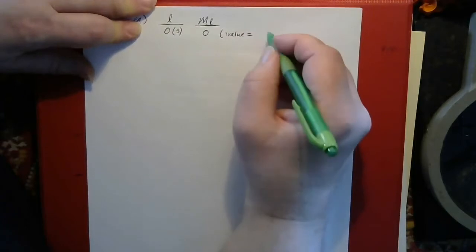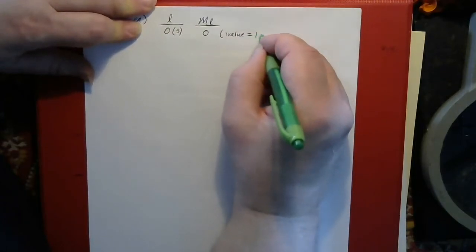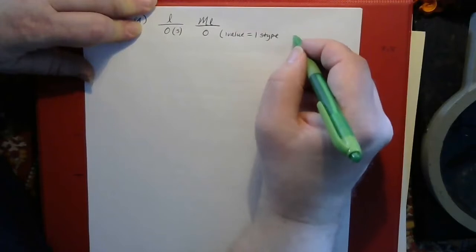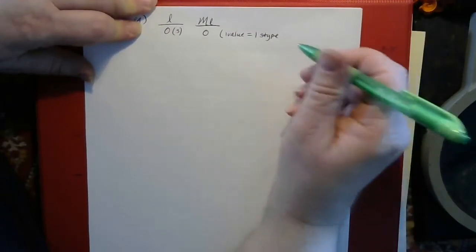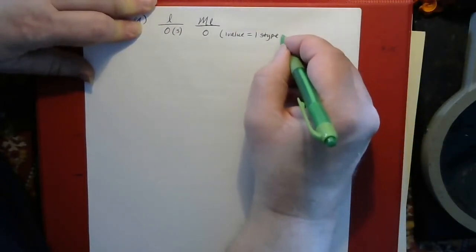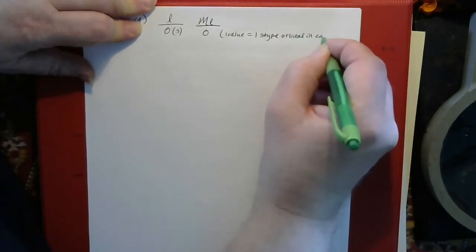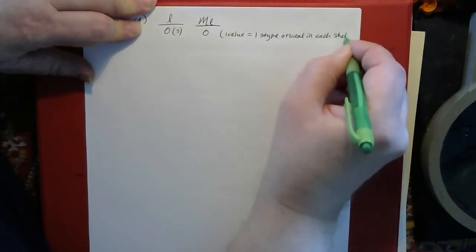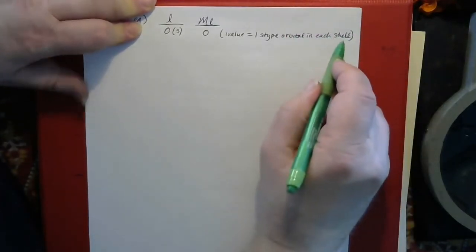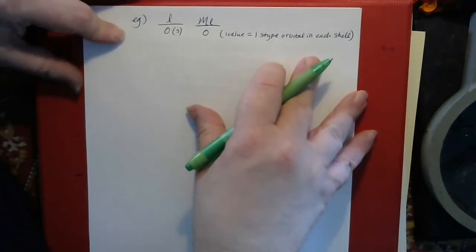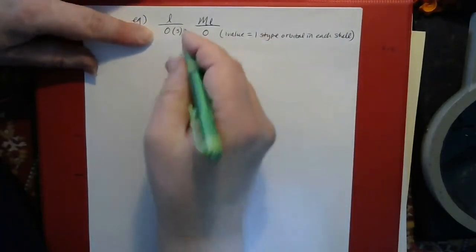And the fact that there's only one value means that there's only one s-type orbital in each shell. I'm saying shell because I was running out of space, but formally shells are better known as principal energy levels.